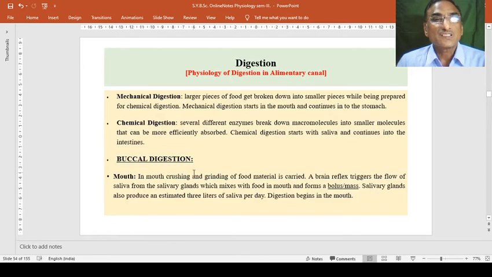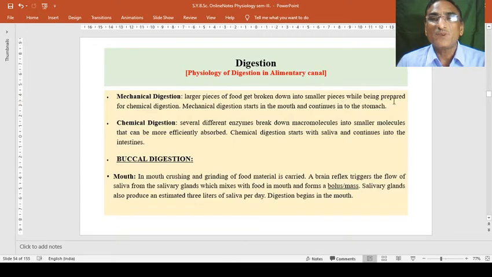Now, how does digestion take place in the body? Digestion is of different types. Of them, two main types are mechanical and chemical digestion. Mechanical digestion means the conversion of large pieces of food material into smaller pieces.